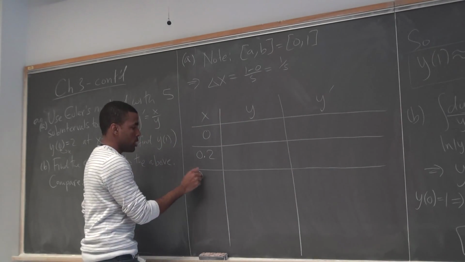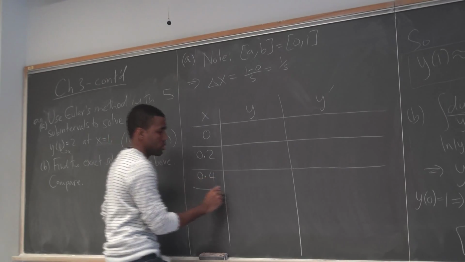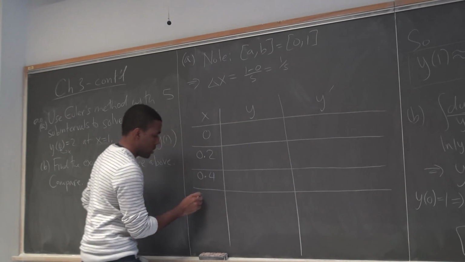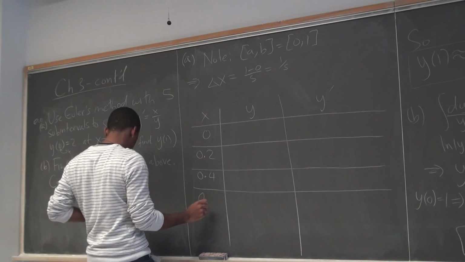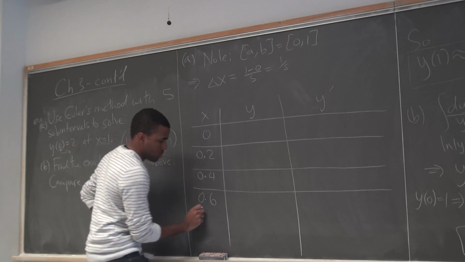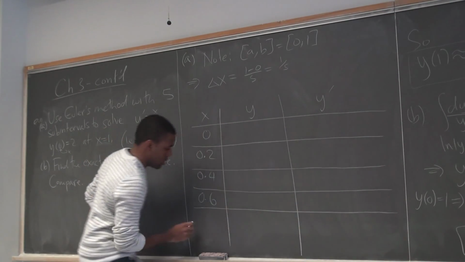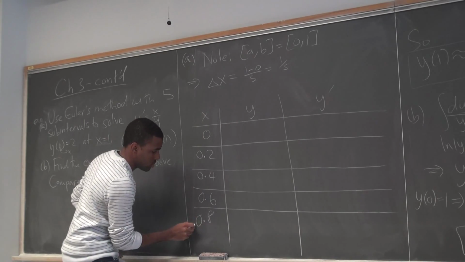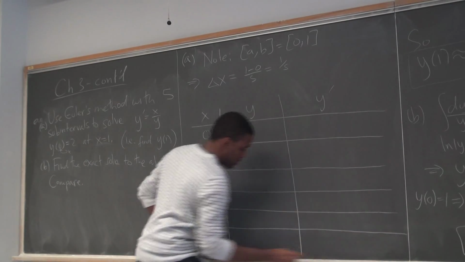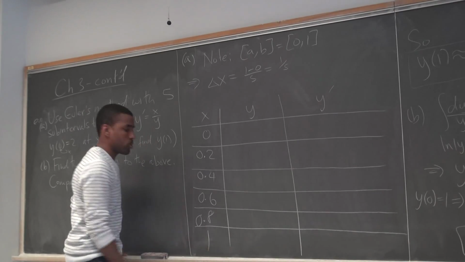When x is 0, the next value will be 0.2, then 0.4, then 0.6, then 0.8, and then we'll end up with 1 finally.